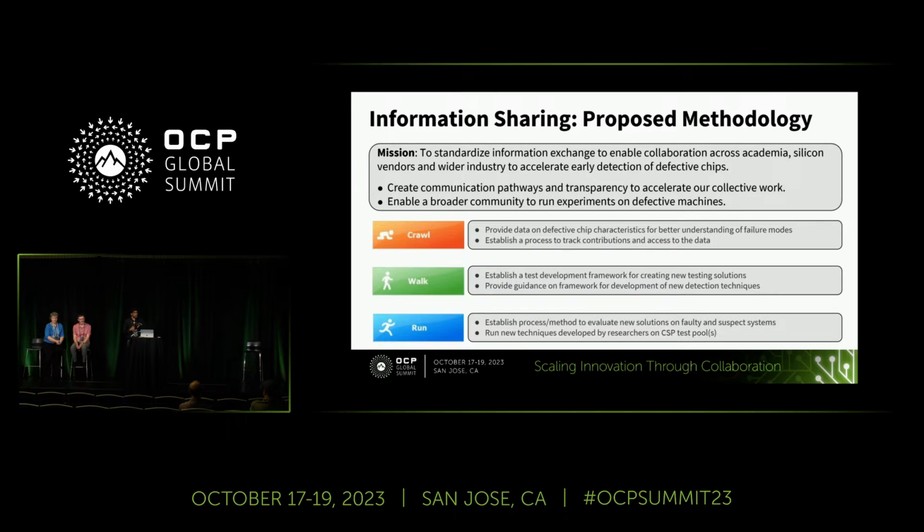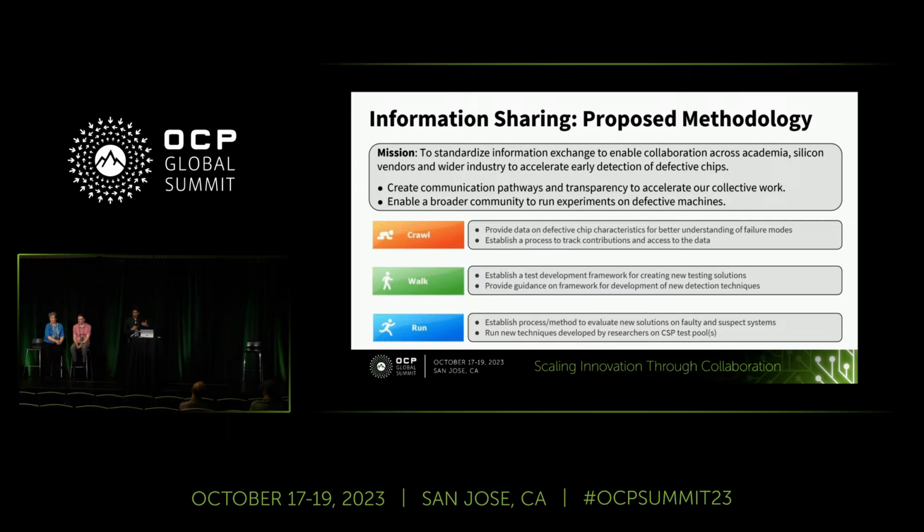The faults may or may not all be the same faults, and in order to write better tests, in order to really understand what's going on, you have to reason about the faults. So starting out with data and the ability to understand the root cause of the SDC is really fundamental to solving this problem. So that's part of the crawl stage.